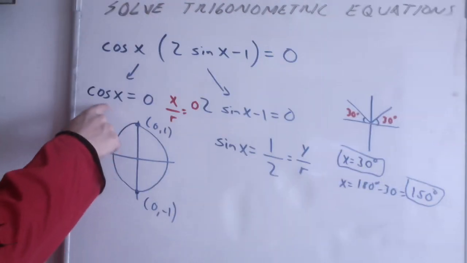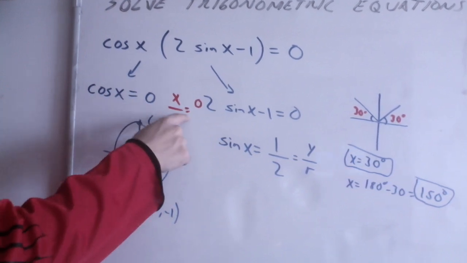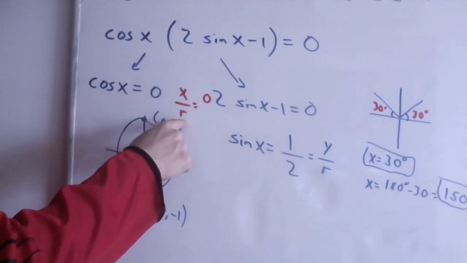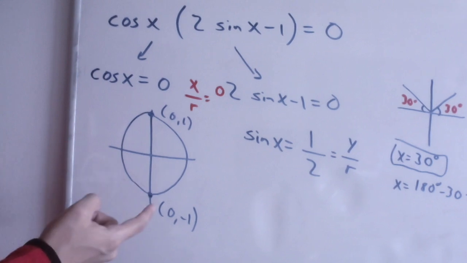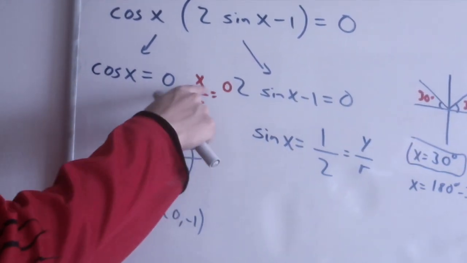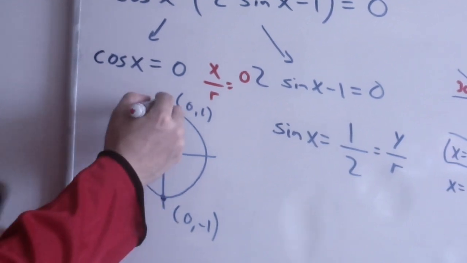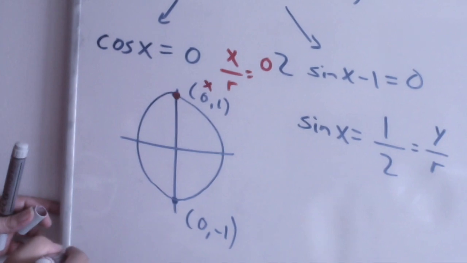Okay, this is what's going on when cosine x equals 0. I have 0 over a number, right? And the number is r. So I have to look where the x is 0. So in the unit circle, this angle right here, the x is 0.